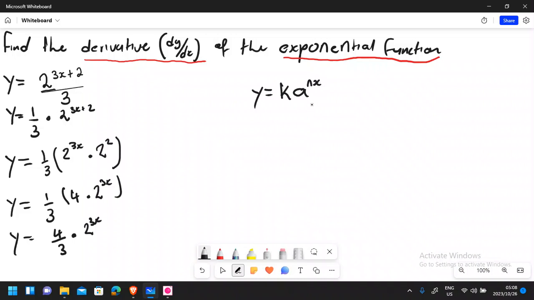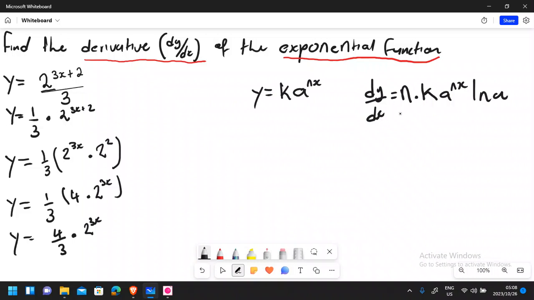And then when we find the dy over dx, remember it's going to be n multiplied by k, and then we have a to the power of nx natural log a.